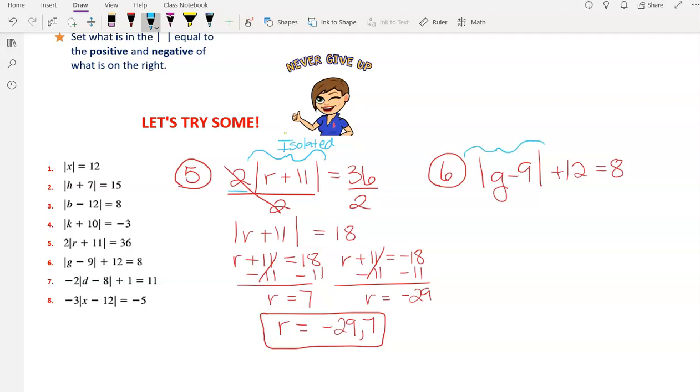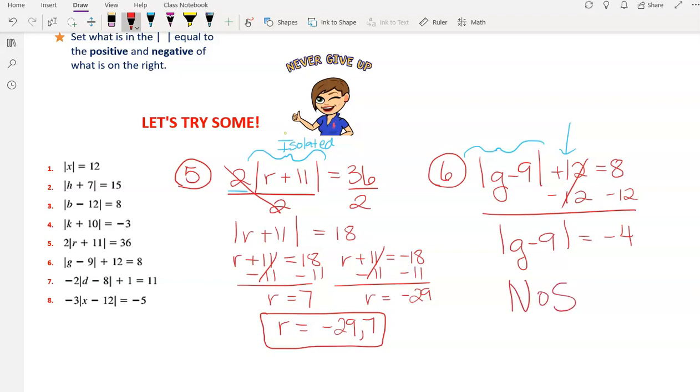This part needs to be by itself, so the 12 needs to be moved to the other side. To move it, I'm going to subtract. I now have the absolute value of g minus 9 is equal to negative 4. Well, here we have the same problem. Absolute value cannot be equal to a negative number, so we have our answer. No solution. Okay, time to erase the board and then move on.